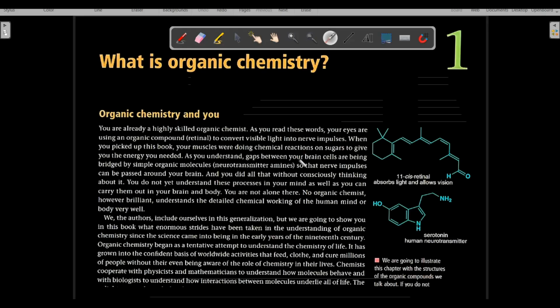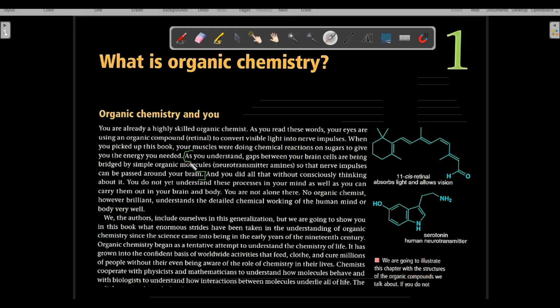As you understand, gaps between your brain cells are being bridged by simple organic molecules, neurotransmitter amines, so that nerve impulses can be passed around your brain. Now have a look at this particular sentence from here till here. What is it saying? As you understand, meaning as I am teaching you, you are understanding the things, right?